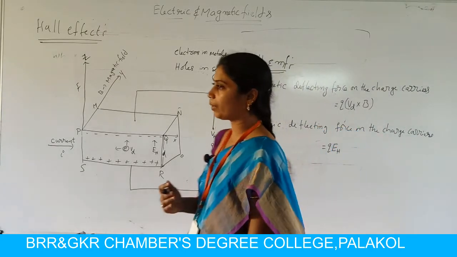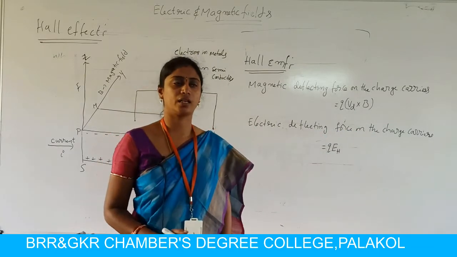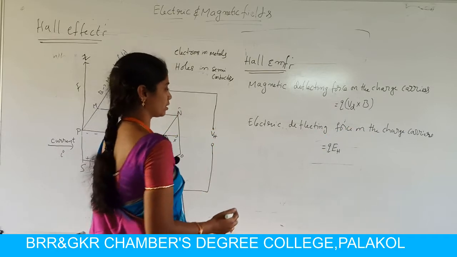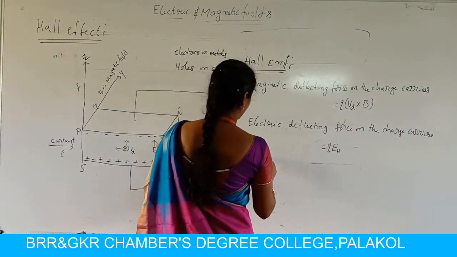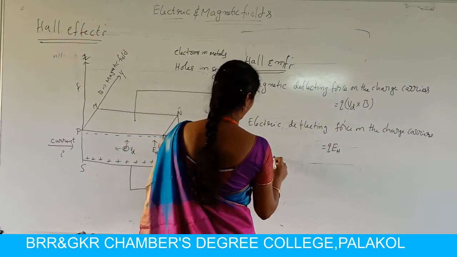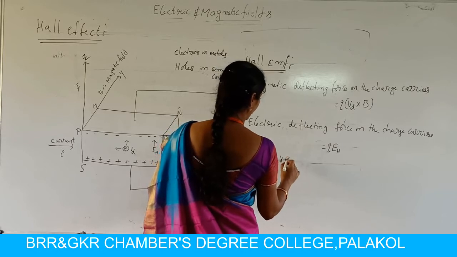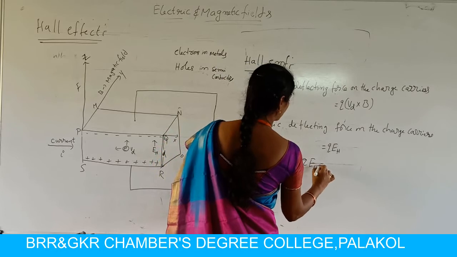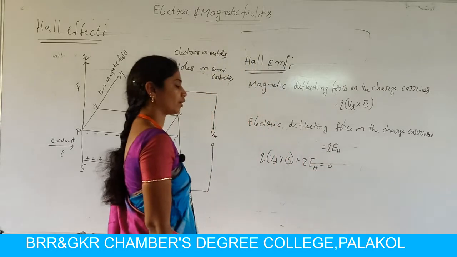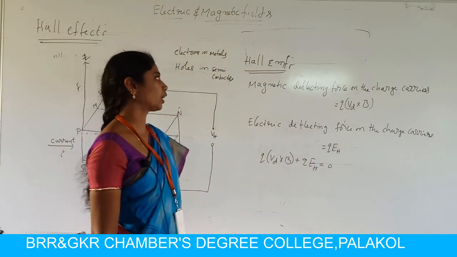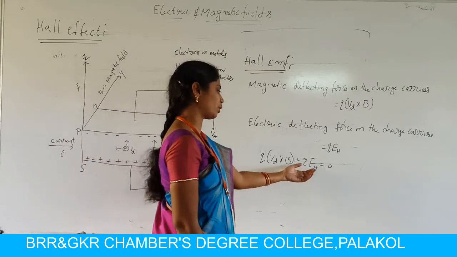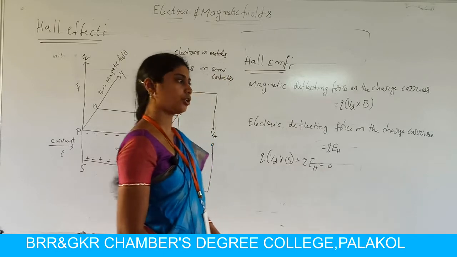So at equilibrium condition or steady state, the total force acting on the charge carriers is the algebraic sum of these two, hence Q into Vd cross B plus Q into EH equals 0 at steady state.